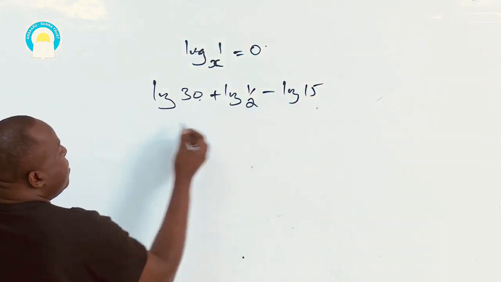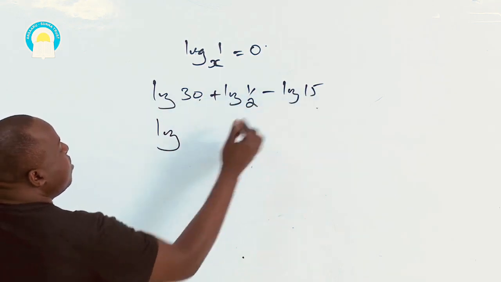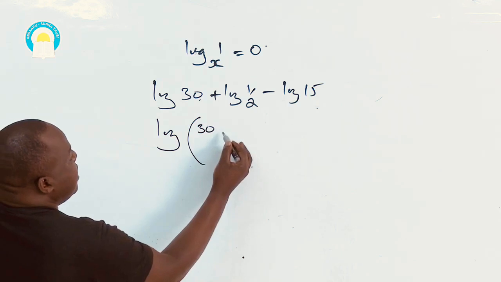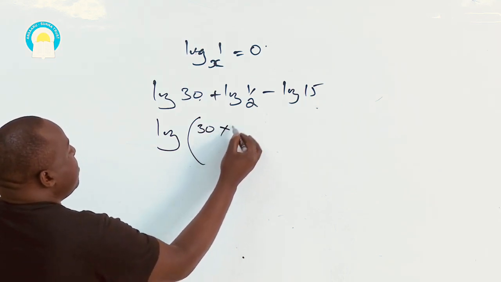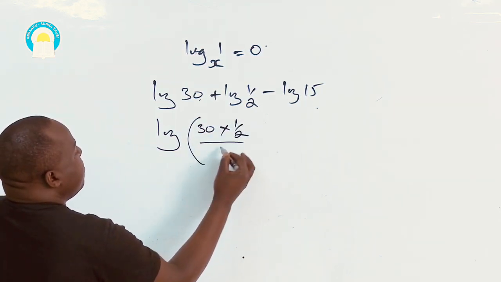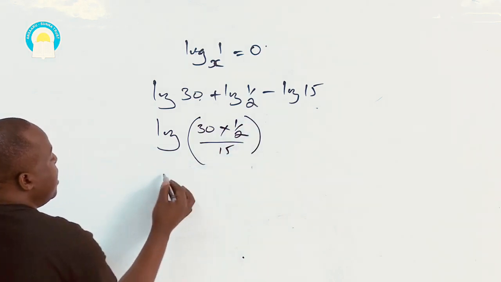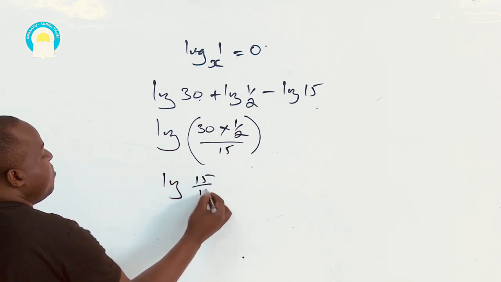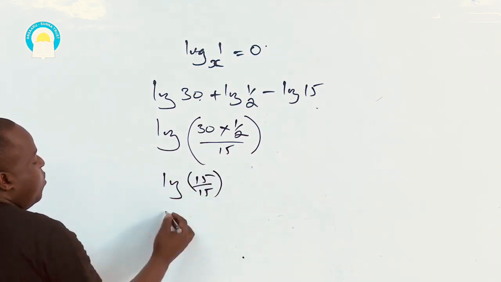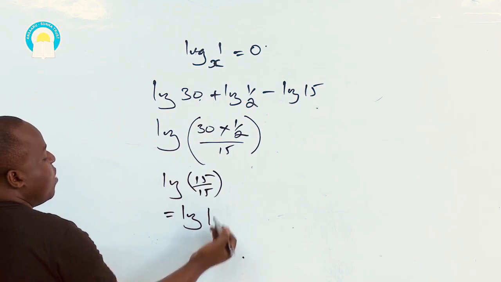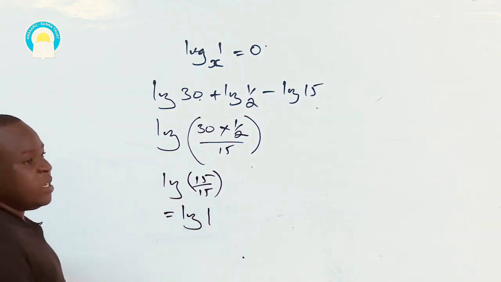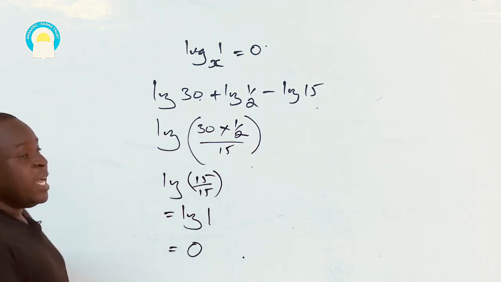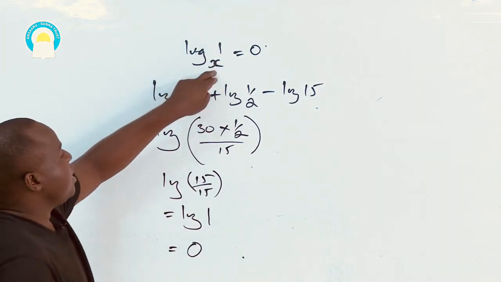So the answer for this, as a single log, is log 30 times a half, then divide by 15. And this clearly is 30 times a half, which is 15, divided by 15, which equals log 1. So if you write your answer as log 1, you're actually wrong. The correct answer is supposed to be 0, because as I already explained, log 1 to any base equals 0.